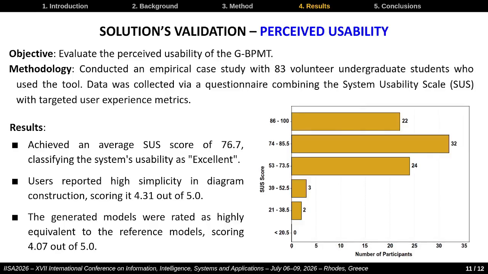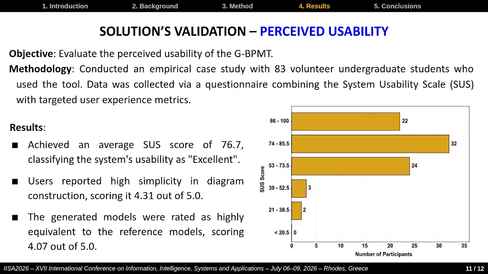Secondly, we evaluated the perceived usability through an empirical case study with 83 volunteer undergraduate students. To capture their first-hand feedback, we utilized a comprehensive questionnaire combining the standardized system usability scale with targeted user experience metrics. The results were outstanding.